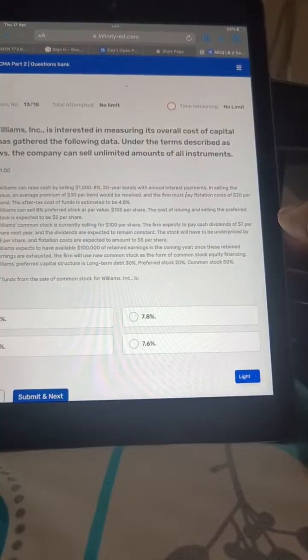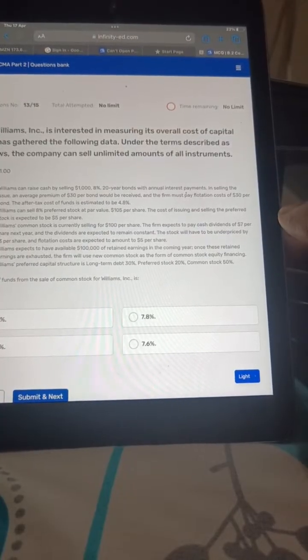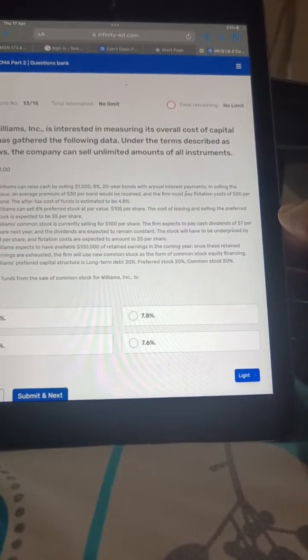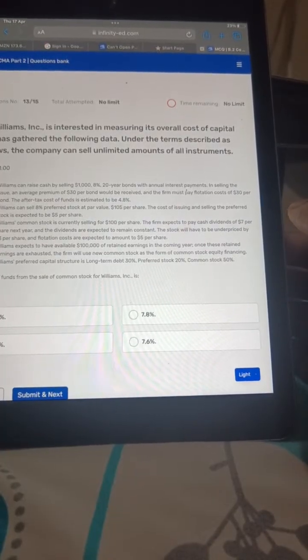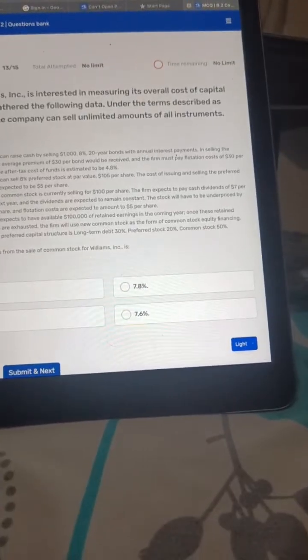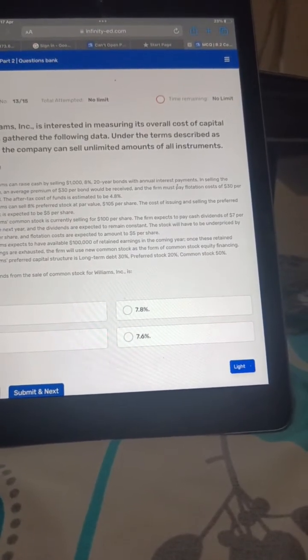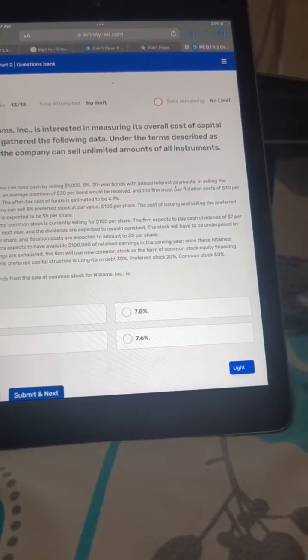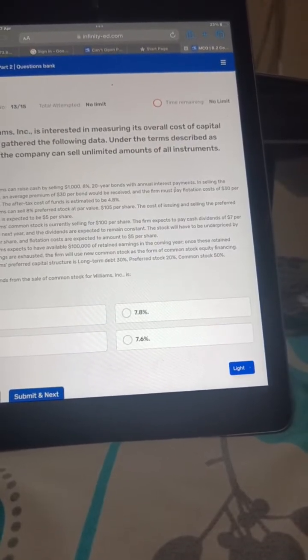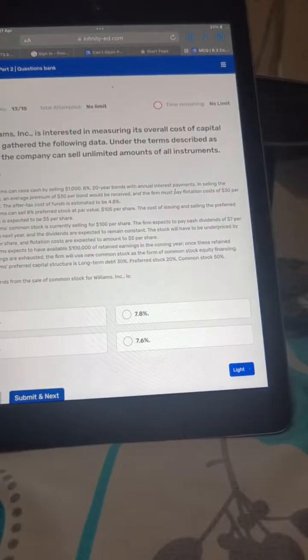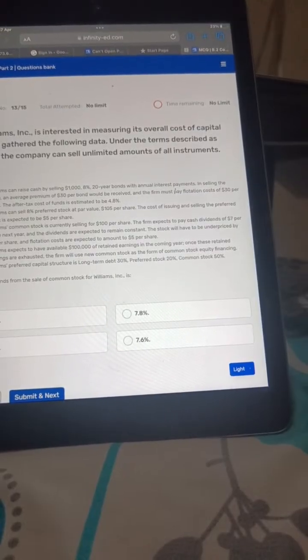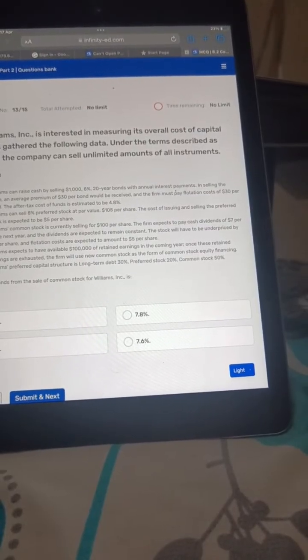The stock will have to be underpriced by $2 per share, and flotation cost is expected to be $5 per share. It means we have issued a share at $100 per share, and now the underprice is $2, and the flotation cost is $5 per share.